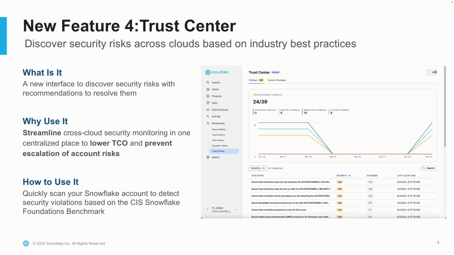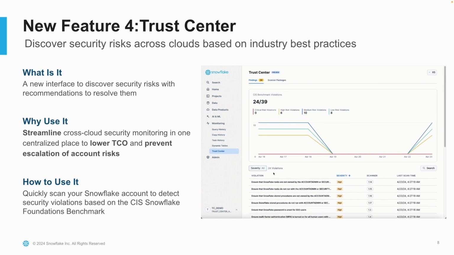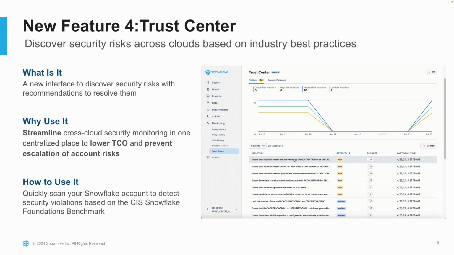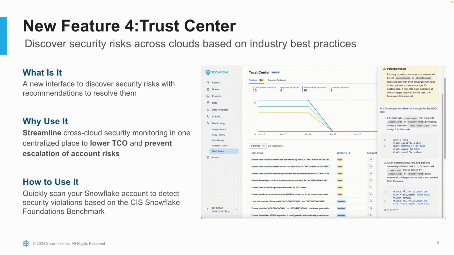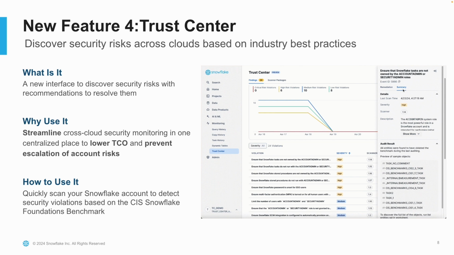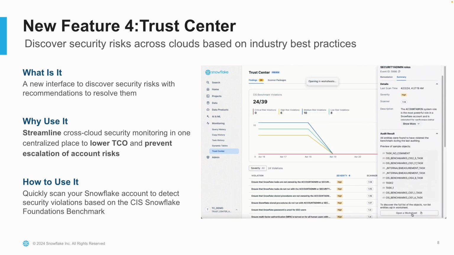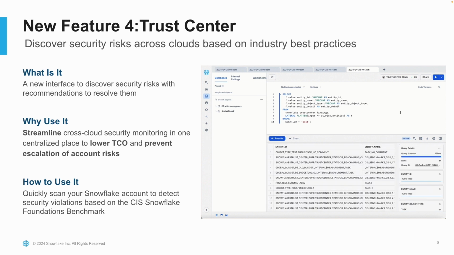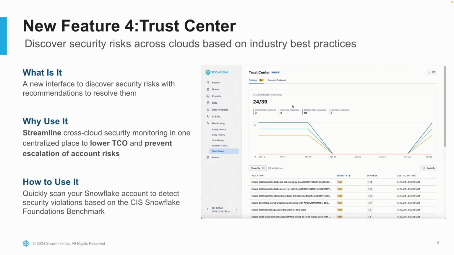So you can set up these scanner packages to run daily, weekly, or even monthly. They run across your account, scan your security posture, and then provide the results through a UI. And so you can see over time how you're doing and complying with that shared security model. And it gives you not just the ways to solve the problem, but the users or policies that are out of compliance with a particular rule.